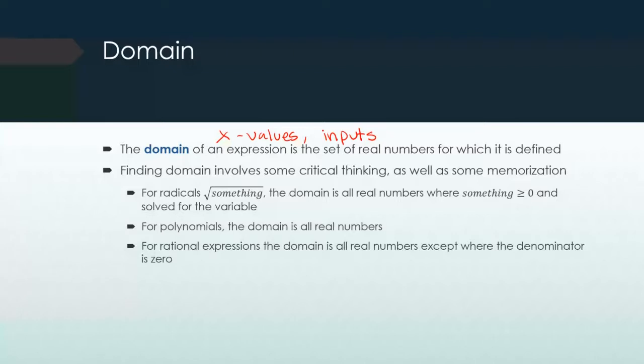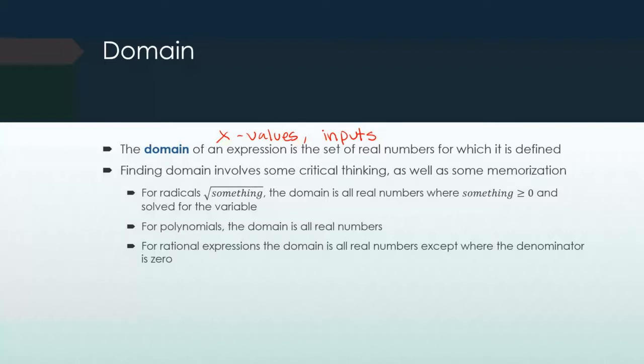So if you have radicals, which means you have a square root, a cubed root, or something, the domain is all real numbers where whatever's inside the square root is greater than or equal to 0, and solved for the variable.